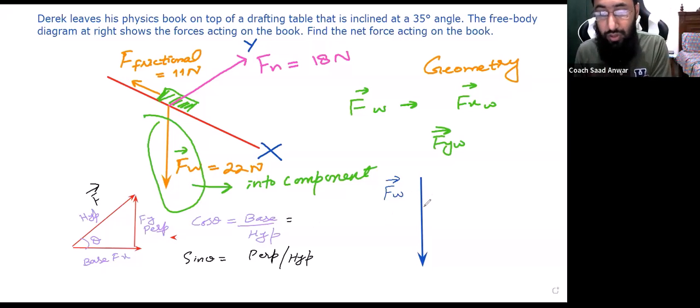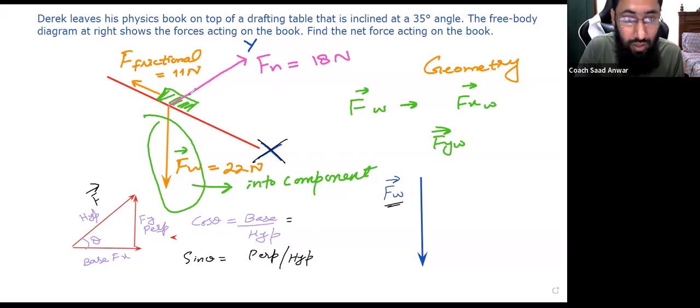Now the vector W is this. This is not Y, this is not X. This is W, the weight. I am going to call it FW, the force due to weight. This is the x-axis, and this one is the y-axis. So I am going to resolve this force into its components.